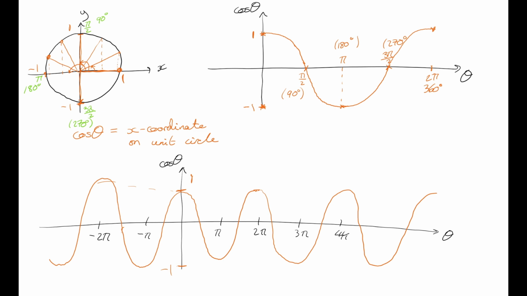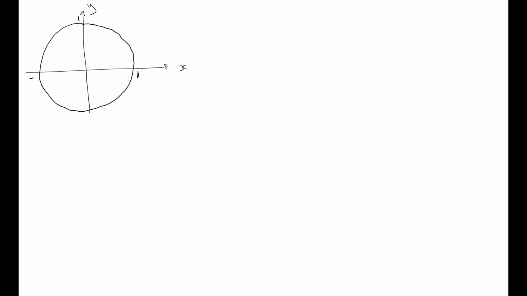You probably guessed what's coming next. We can do the exact same thing, this time for sine theta. So if I draw in my unit circle, got my x and my y coordinates, my unit circle, as always, has radius of 1. So we can pop in some coordinates here. And this time we're thinking about sine.